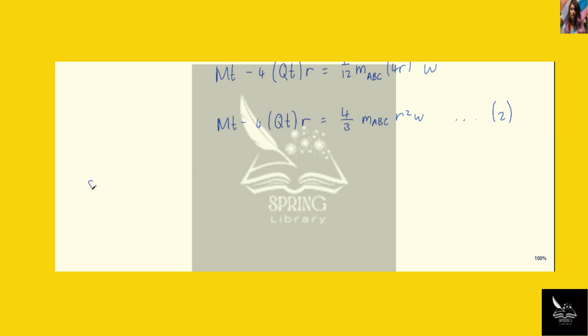Next, we'll substitute for QT. Remember, we put QT together for a reason. Sub QT from equation 1 into equation 2.